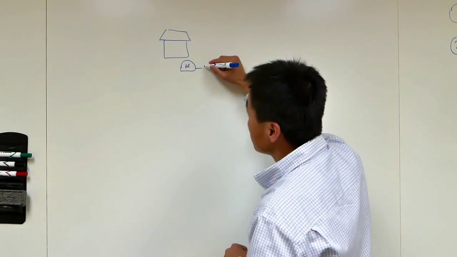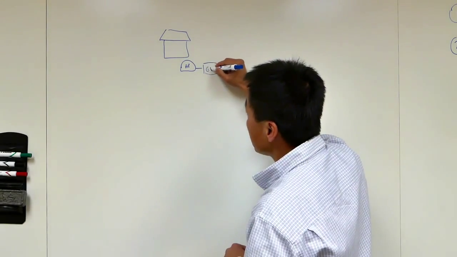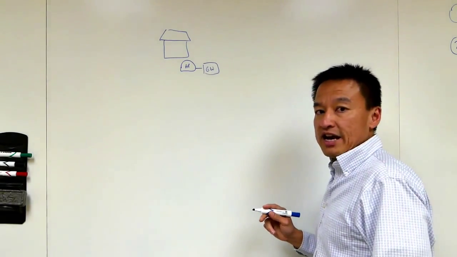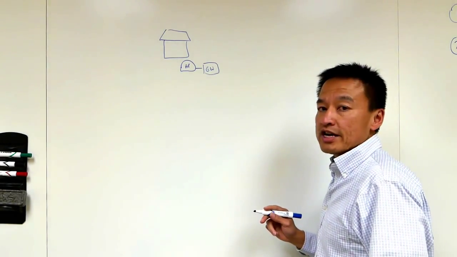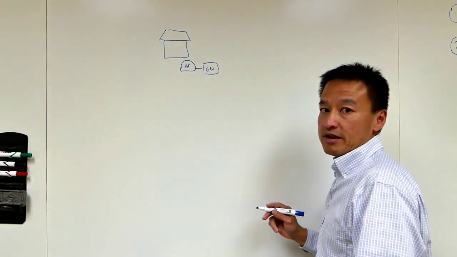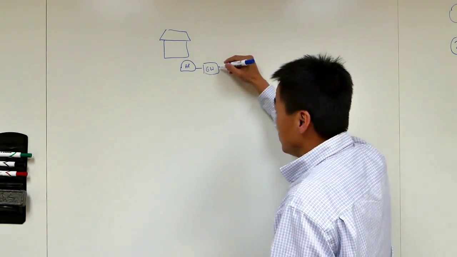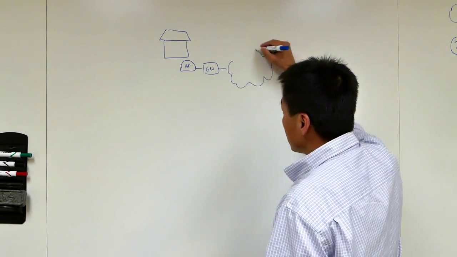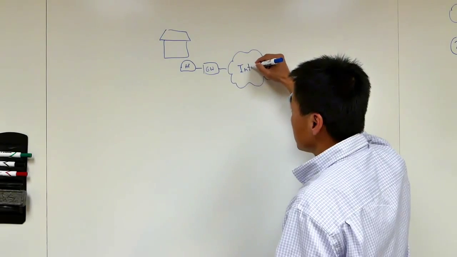You connect the access point behind any traditional gateway that you have at home. And the gateway will provide IP address assignment for the access point as well as DHCP capability and any type of NAT functionality. And then once you plug in the access point at home, what you have is a network, typical internet.